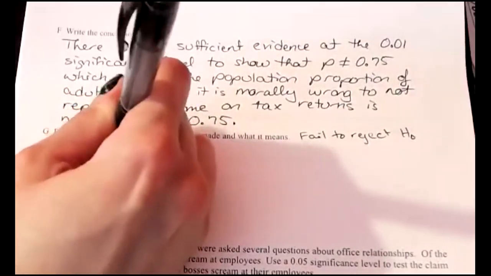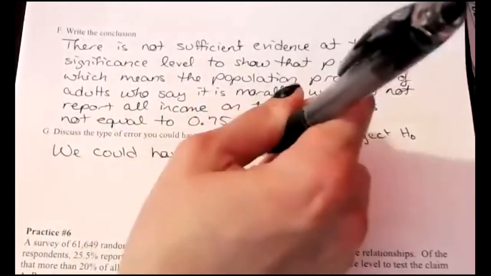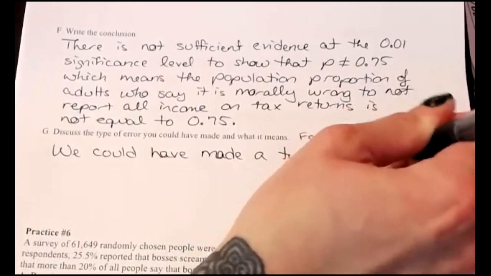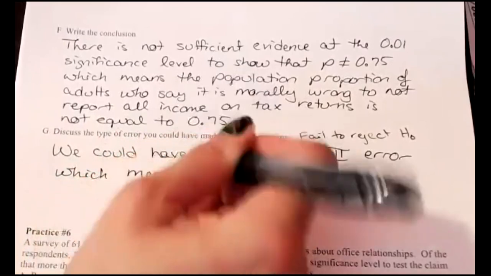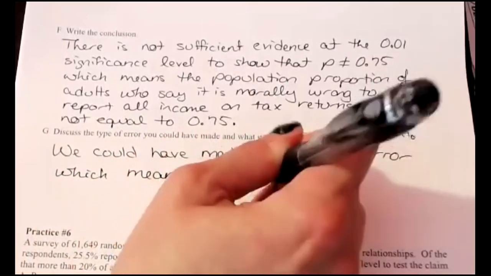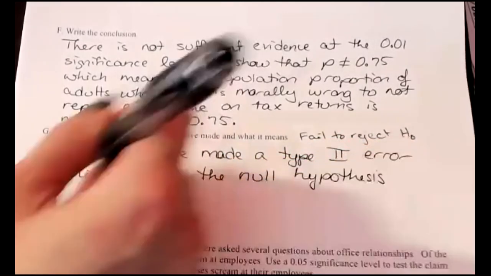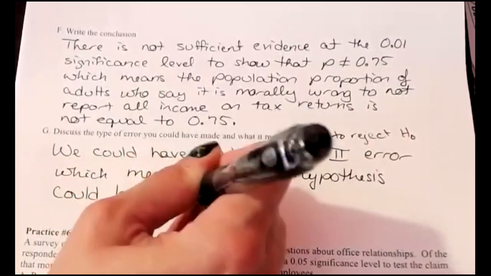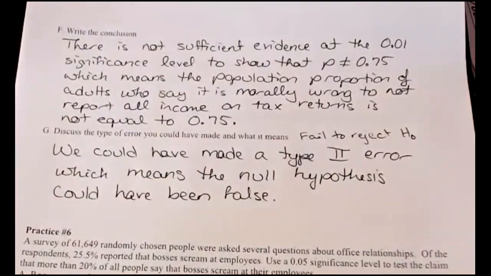We could have made a type 2 error, which means the null hypothesis could have been false. Because remember, we failed to reject it, but we could have made an error.